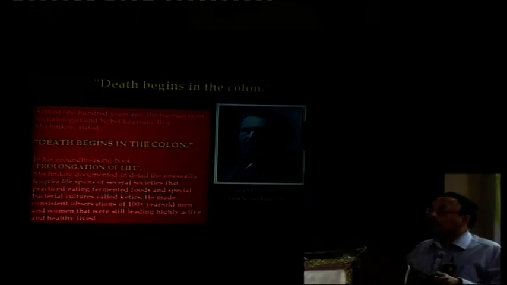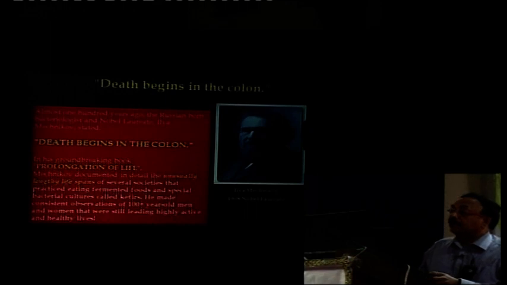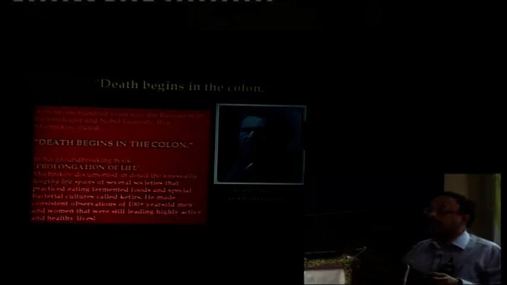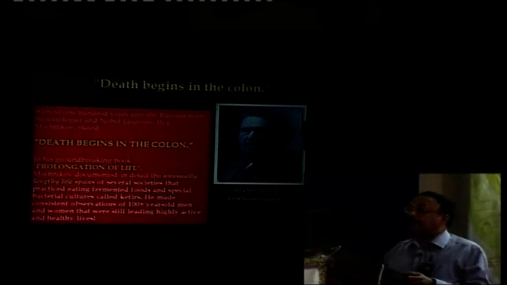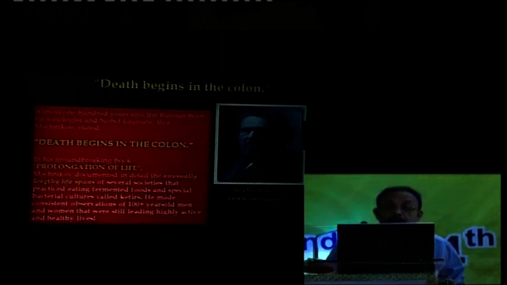About a century ago, there was a Russian scientist, bacteriologist, who was a Nobel laureate. He said in one sentence that death begins in the colon. In his groundbreaking book on the prolongation of life, Metchnikoff documented the unusually lengthy lifespan of several societies that practice eating fermented foods and special bacterial cultures called kefirs.